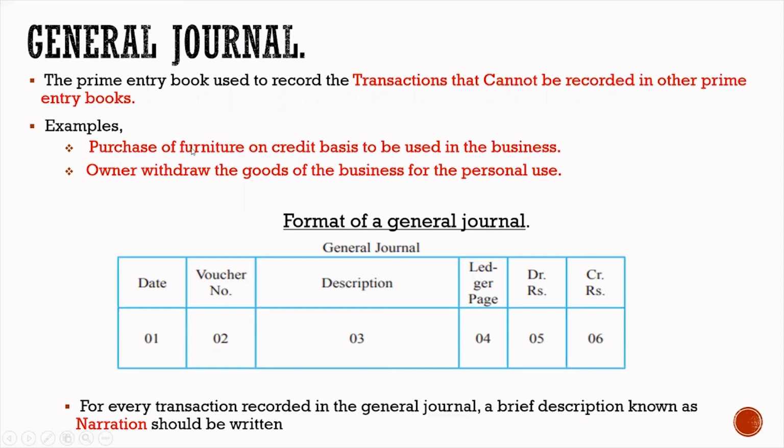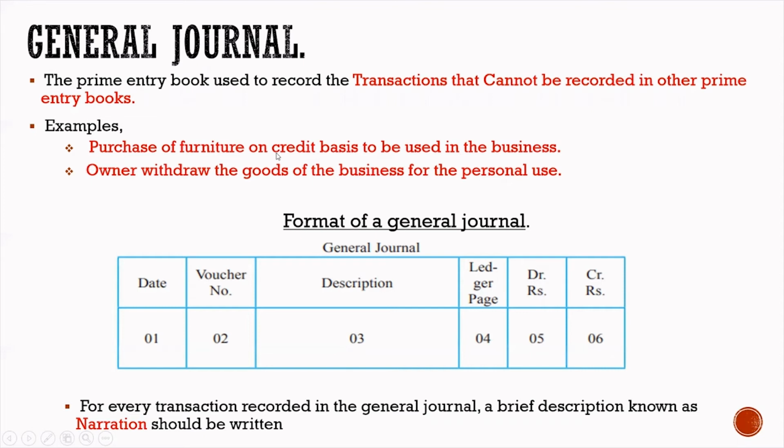What kind of entries would be here? For example, the purchase of furniture on credit, right? If we purchased it on cash, it will go to the cash account. But since it is made on credit, now we have to have a general journal entry.